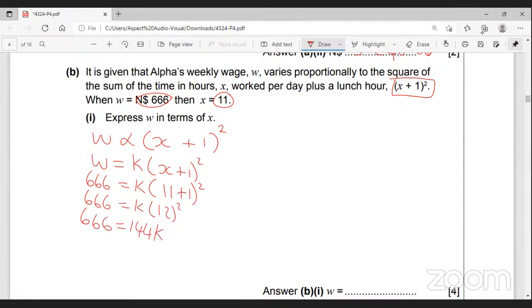Okay, what are we going to do next? All right, so we are going to divide by 144 on both sides. And what is the value of your k? 4.625. Right. Yes.